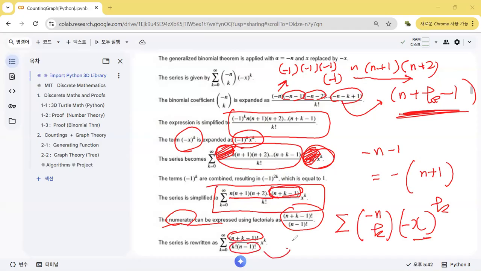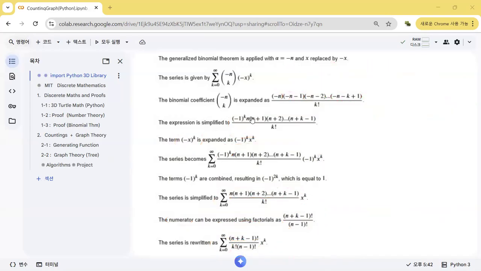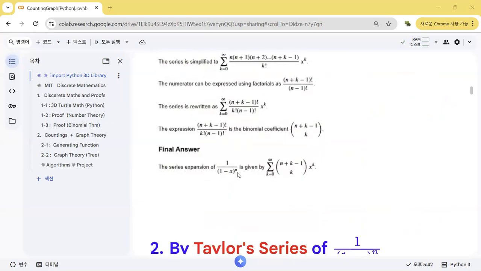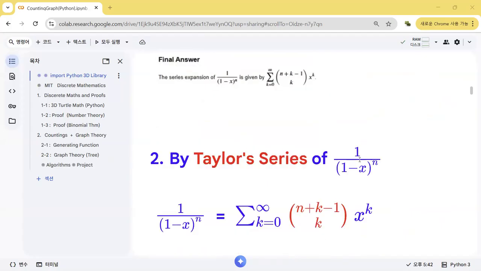And this is exactly equal to n plus k minus 1 choose k. So using this explanation, you get the final answer: 1 over (1 minus x) to the n is equal to this one.